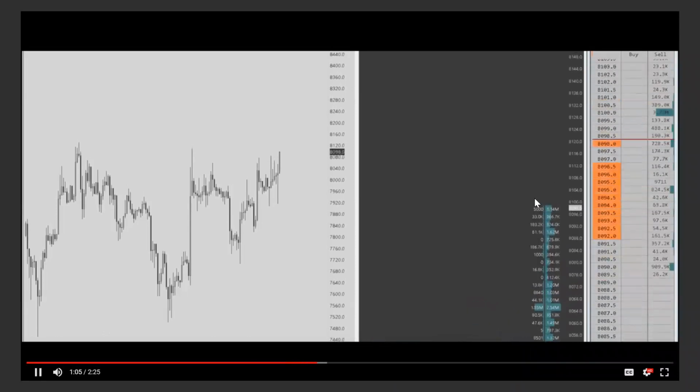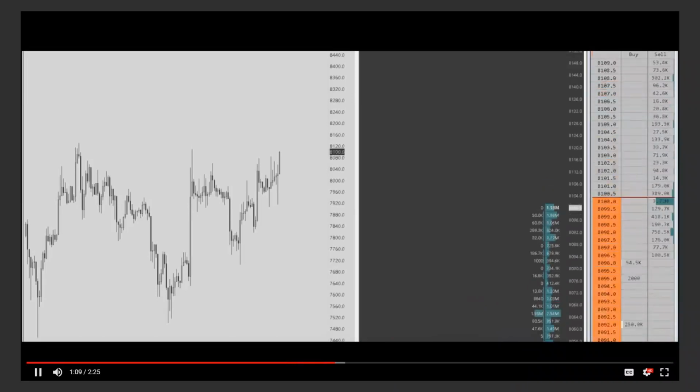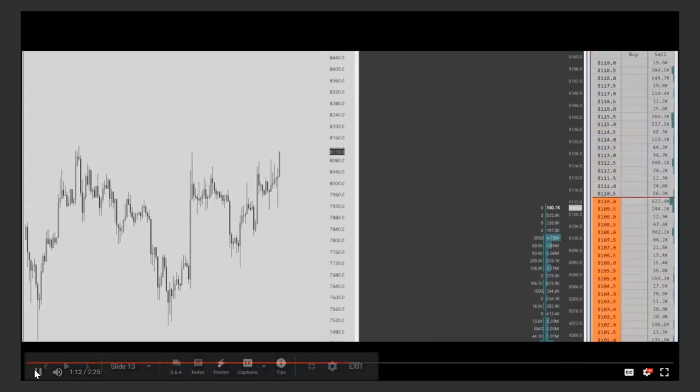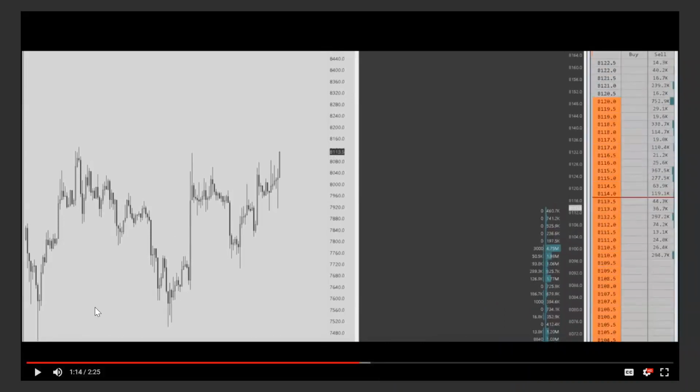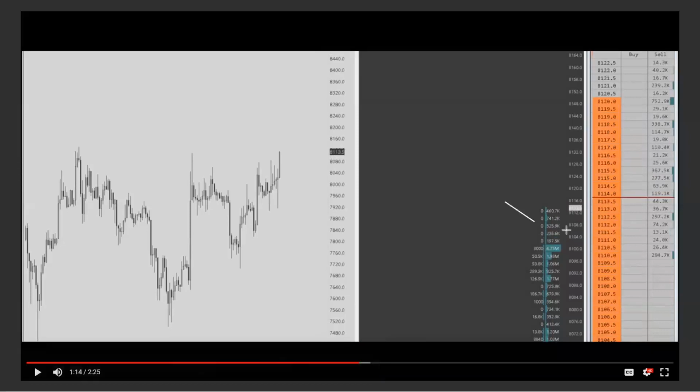There we go. String of zeros on the bid. Just pause that there. So nothing has been sold at those levels. And this happens when price starts moving quickly. When you see that on the footprint, it's usually indicative of stops.